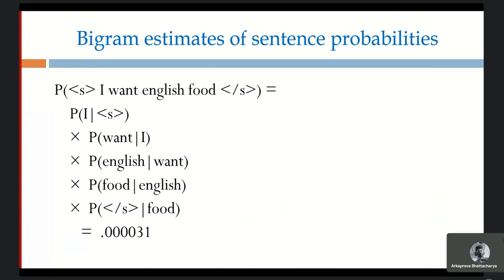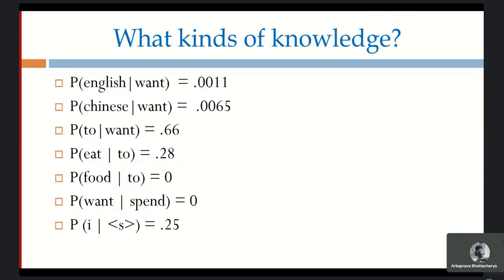When I calculate the probability of this sentence, you can see from the previous table the probability is coming to around 0.000031. Same thing, you can see the probability of English given want or the probability of Chinese given want. What kind of knowledge is being expressed by these diagrams?